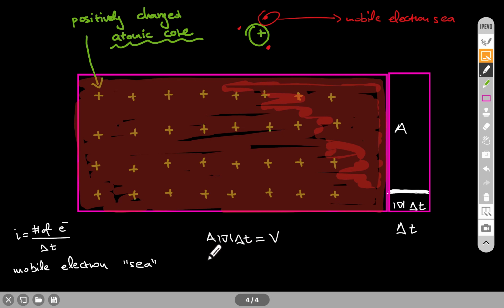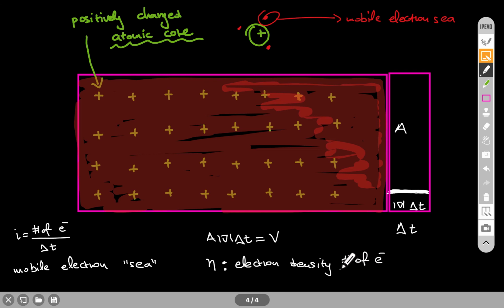There is a concept that we call the electron density, that is telling us essentially the number of electrons that we have in a unit volume.